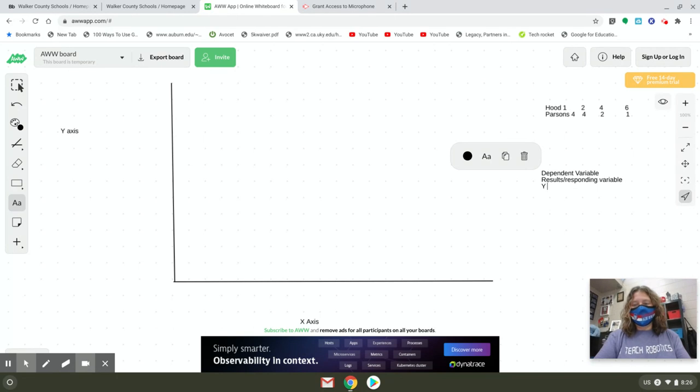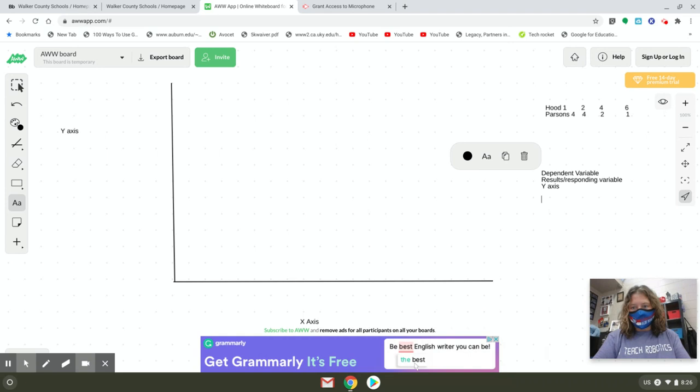And the Y is the y-axis. And then for mix, you have the manipulated variable, if I can spell, also known as the independent variable. This is the thing that you change on purpose in the experiment, and it goes on the x-axis.